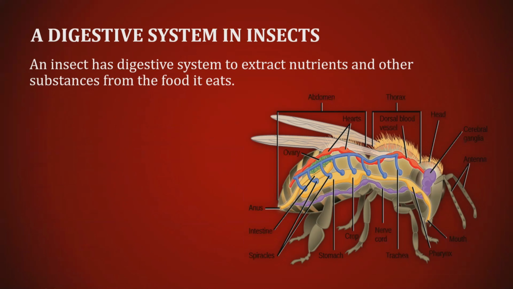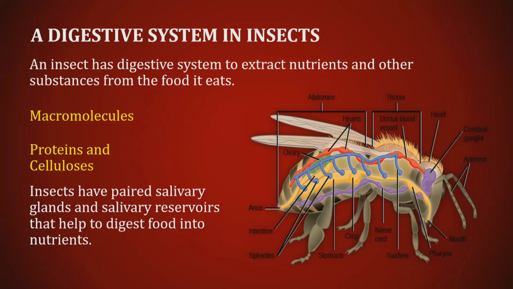Most of this food is ingested in the form of macromolecules and other complex substances such as proteins and celluloses, which must be broken down by catabolic reactions into smaller molecules such as amino acids and simple sugars before being used by the cell activities for energy, growth, and reproduction. Insects have paired salivary glands and salivary reservoirs that help to digest food into nutrients.